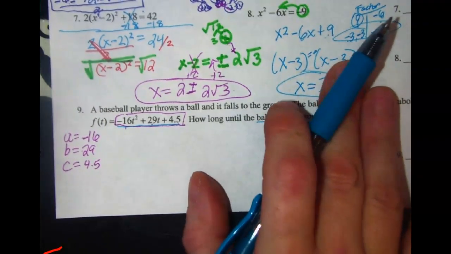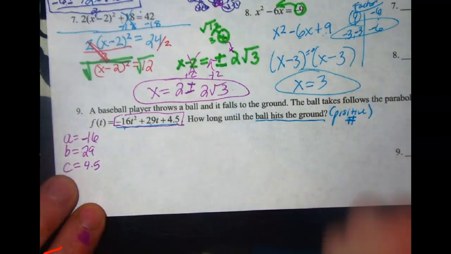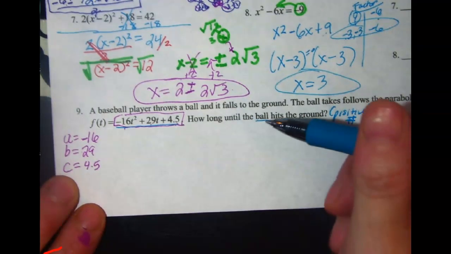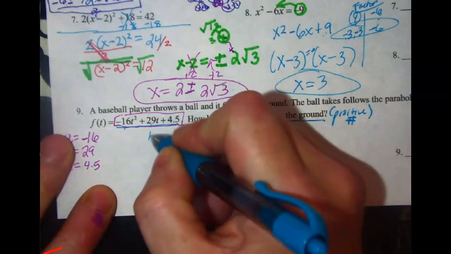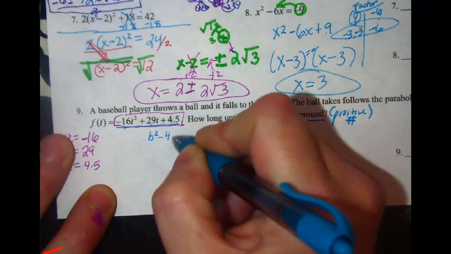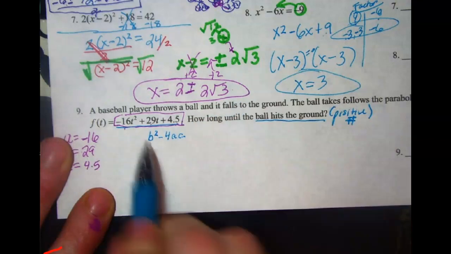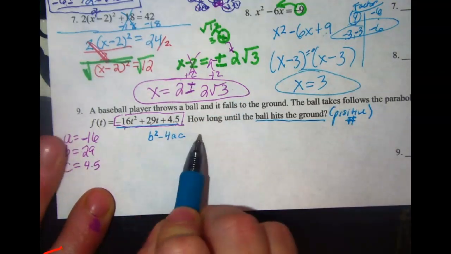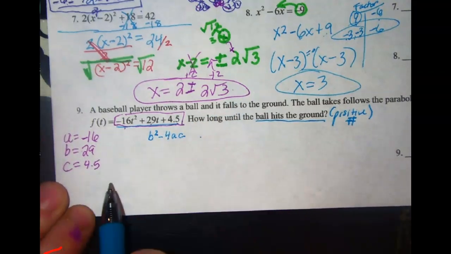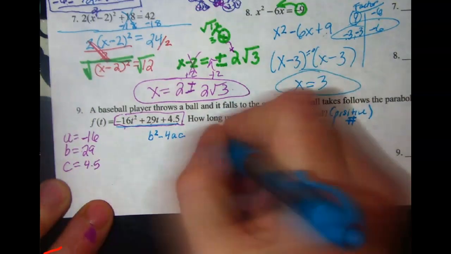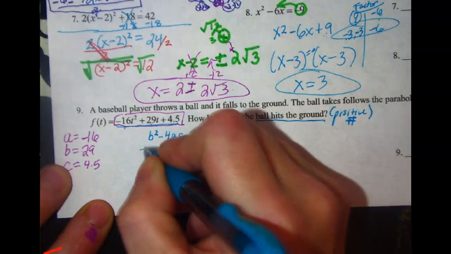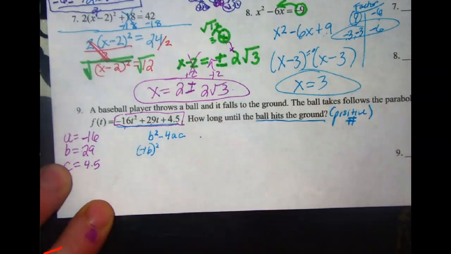I'm going to do the discriminant part first. Okay, remember that's the stuff under the square root. So that's the b squared minus 4 times a times c. I'm going to do this part first, only because it makes it easier to put it back in later. So b squared, so I have -16, and remember that'll go in parentheses squared.